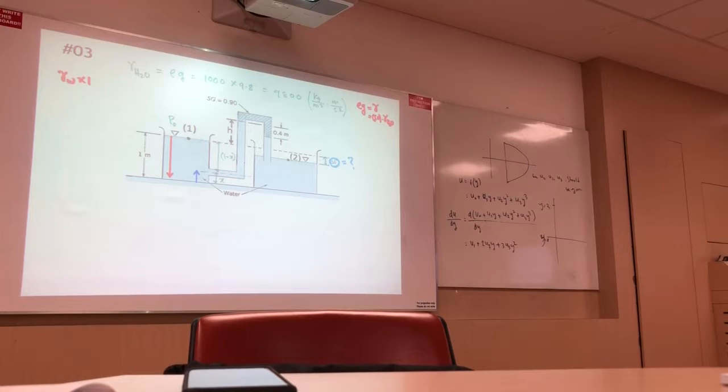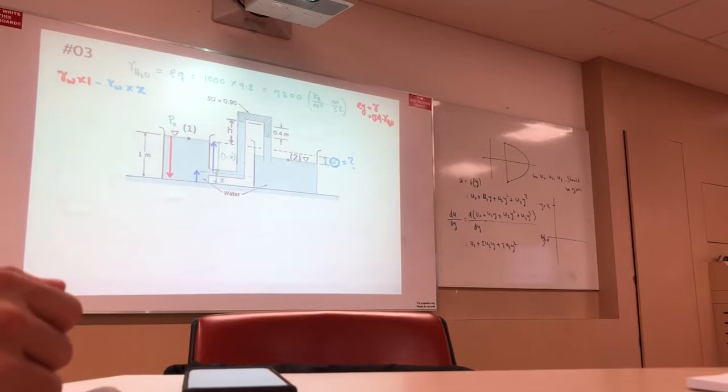Then what is this value? The blue one is equivalent to negative gamma of water times x. Correct. Specific gravity is 1. Then what is this value? Minus gamma of w times 1 minus x.